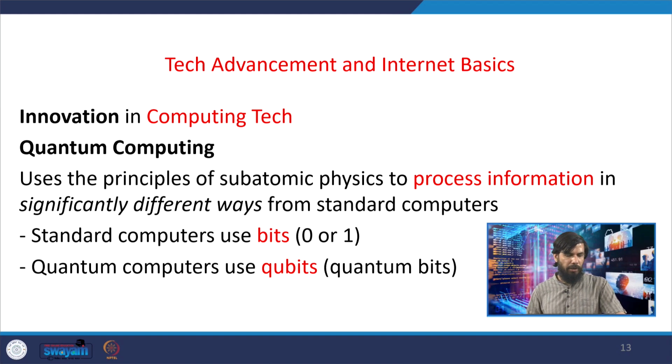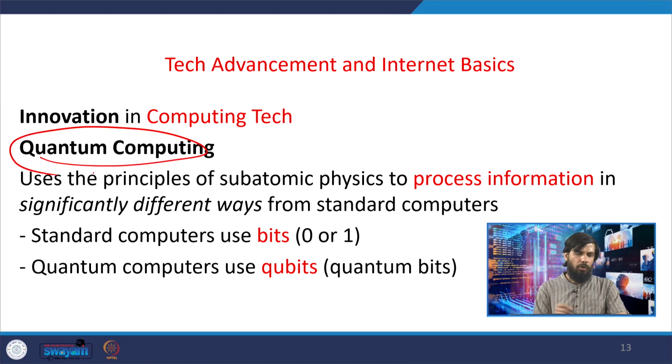One such candidate is quantum computing. Quantum computing is believed to be the next generation of computing, or the future of computing. It is slightly different from the way standard computers work. It uses the principles of subatomic physics to process information in significantly different ways from standard computers.